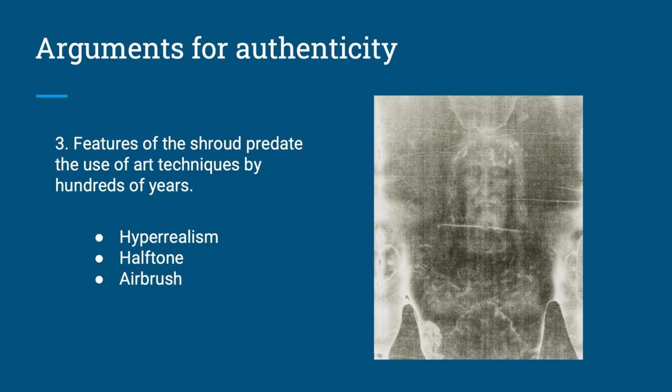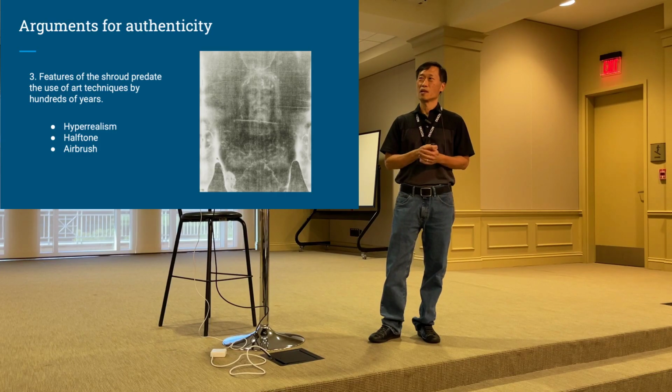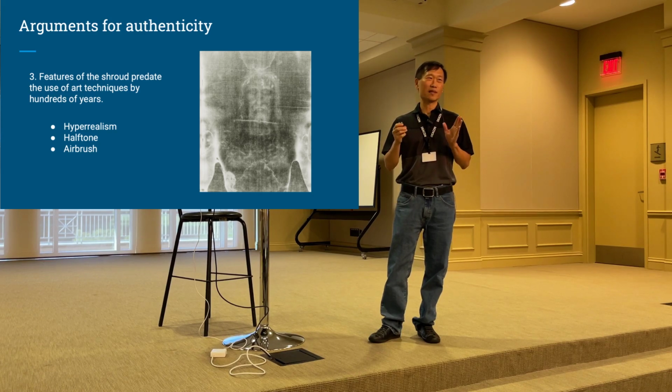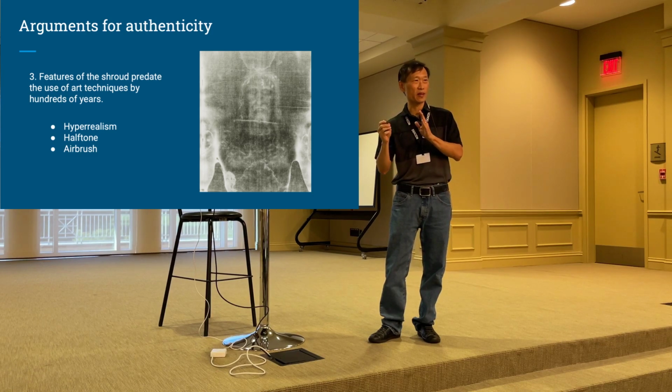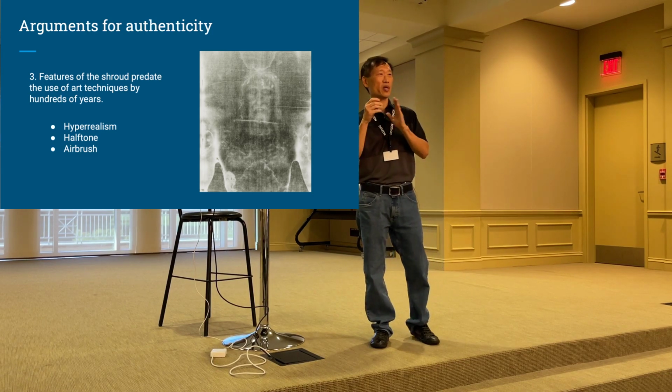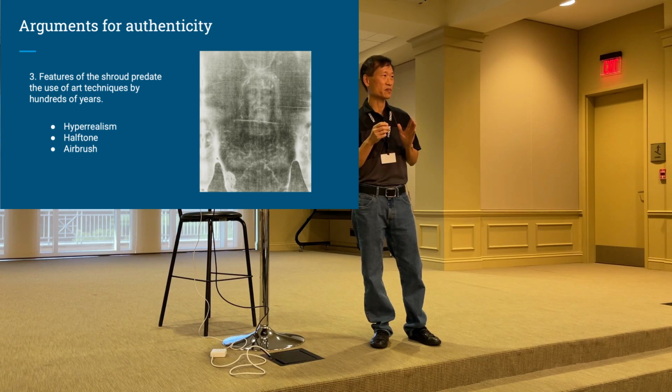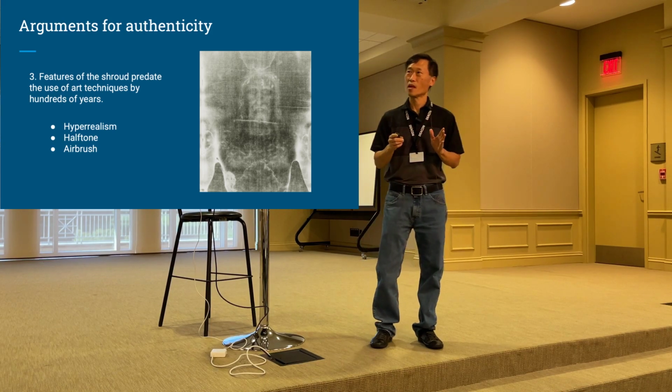The features of the shroud predate the use of art techniques by hundreds of years. Hyperrealism was not even used in artwork until after the invention of photography. They tried to replicate photographs and create hyper-realistic art. This was hundreds of years after the medieval times.